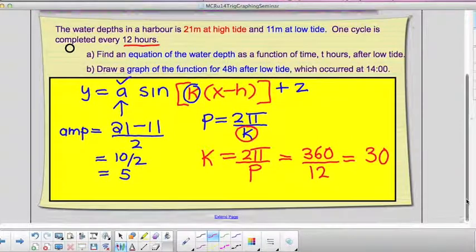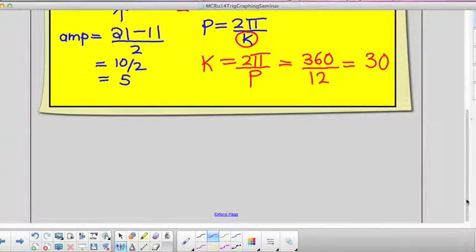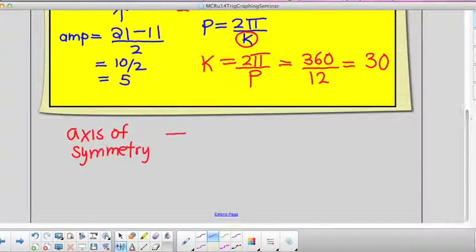So let's start with the vertical shift. For my vertical shift, I need to figure out my axis of symmetry. Remember, the formula for axis of symmetry is your maximum, which is 21, plus your minimum, divided by 2.